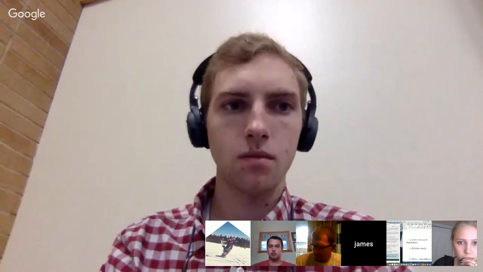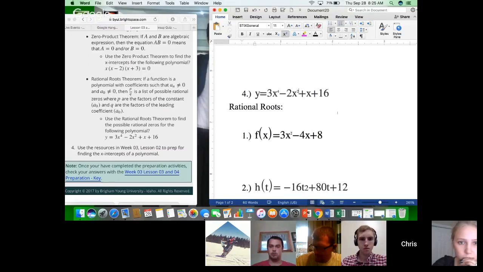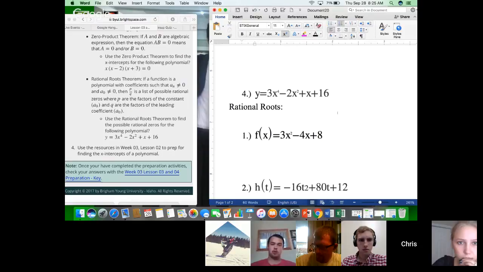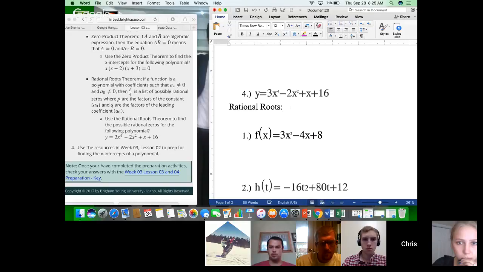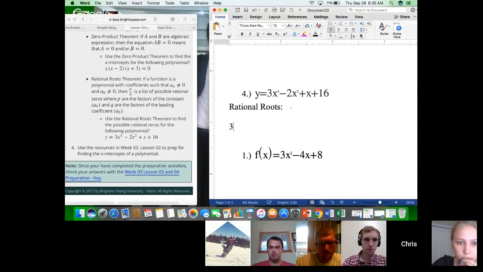Rational roots theorem: if a function is a polynomial with coefficients such that a(n) does not equal 0 and a(0) doesn't equal 0, then P over Q is a list of possible rational zeros, where P are the factors of the constant a and Q are the factors of the leading coefficient. Oh, right. So we have 3 and we have 16.